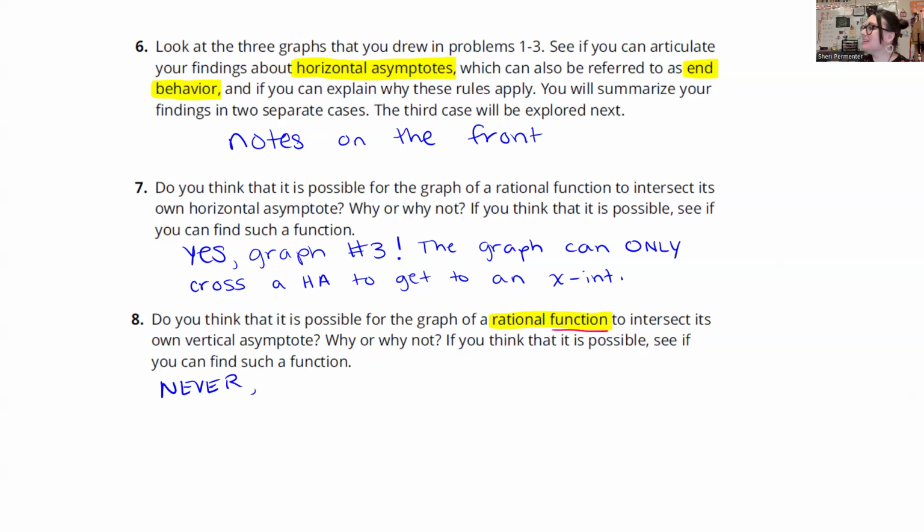The reason this never happens is because if you crossed a vertical asymptote, you would no longer be a function because you would overlap on yourself. So never, because it wouldn't be a function.